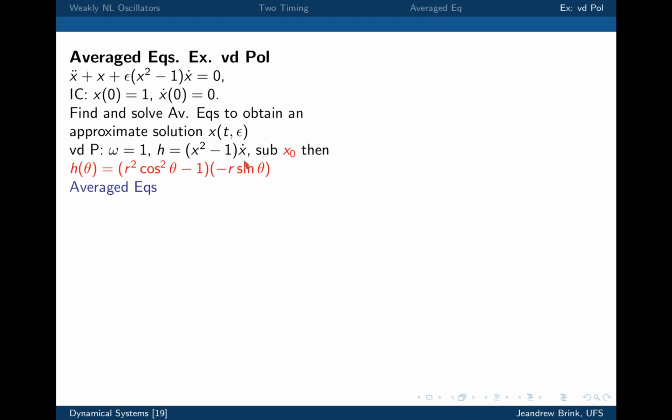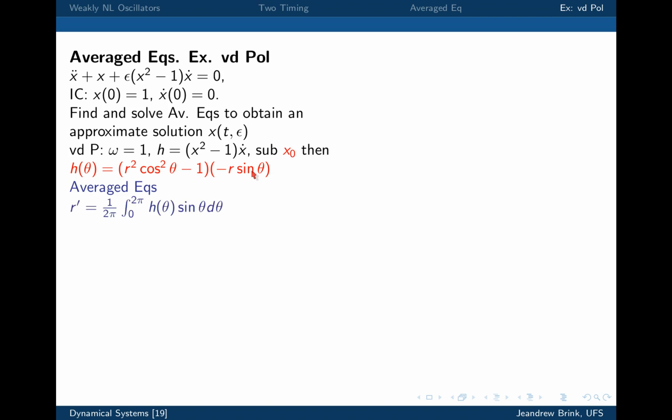And we're going to substitute x0, which we now know, because omega is equal to 1, is just r cos theta, into this expression. So there we have x0 is just r cos theta, so that's squared minus 1. X dot is minus r sine theta.